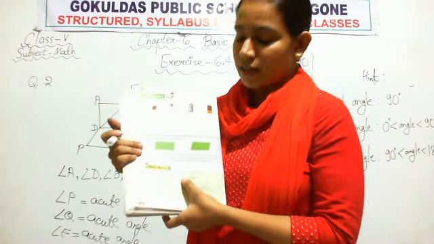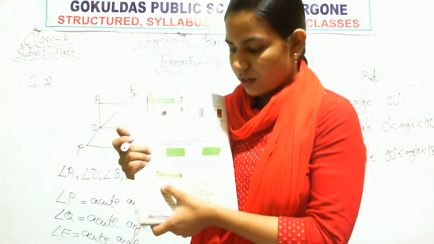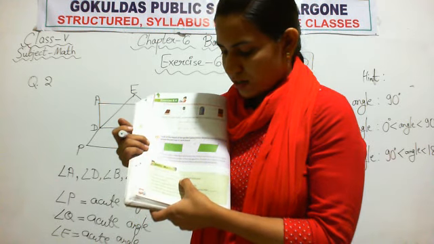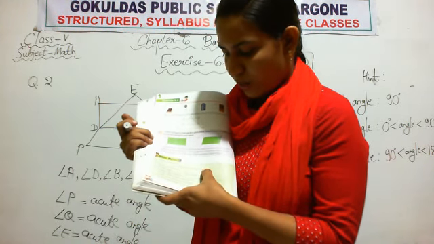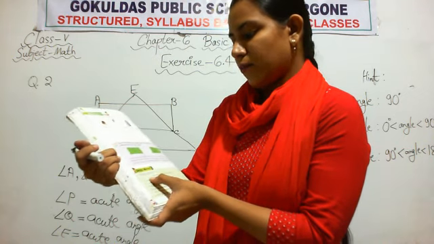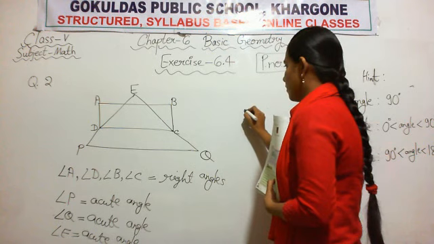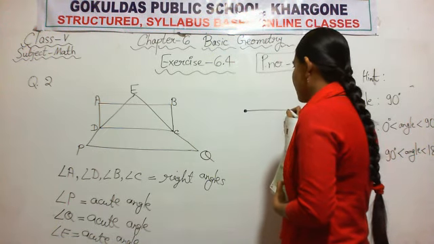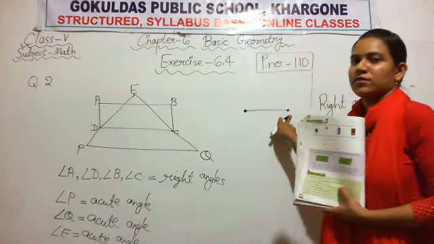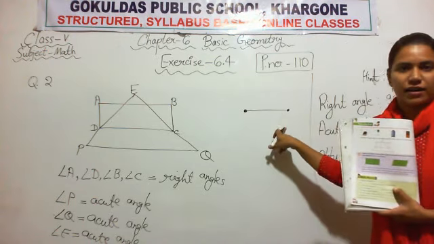So a line is a collection of points. Next, a blank has a starting point and an end point. Which has a starting point and end point? Line segment.